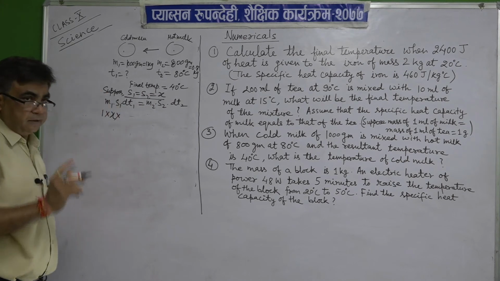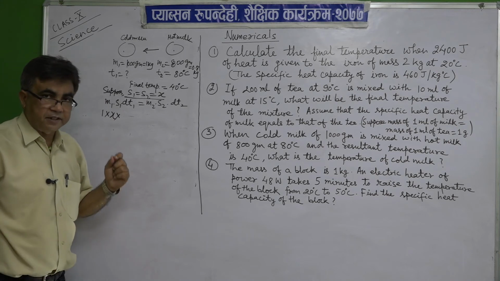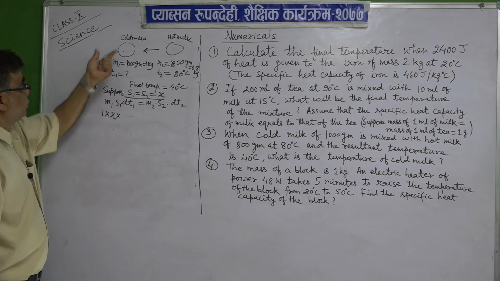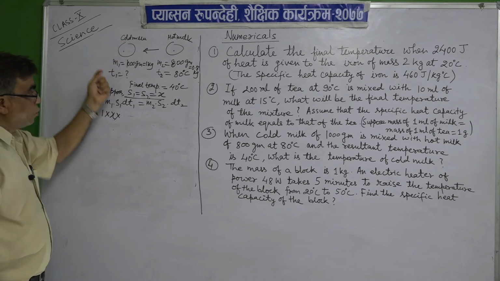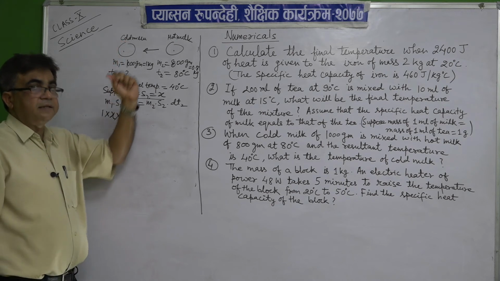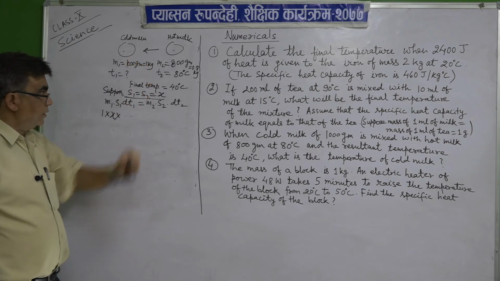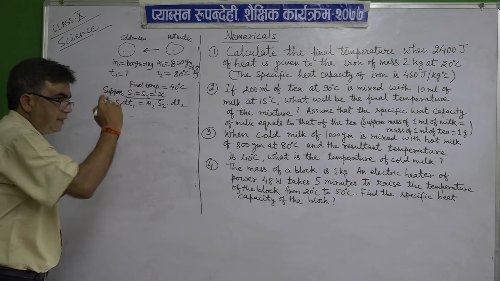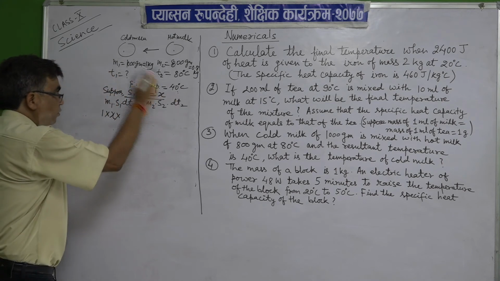Now dT1, here you have to be very careful. dT1 means the temperature difference of what? Cold milk. Cold milk's temperature will increase. Its initial temperature is T1, final temperature 40 degrees. What does it mean? 40 is more than T1.